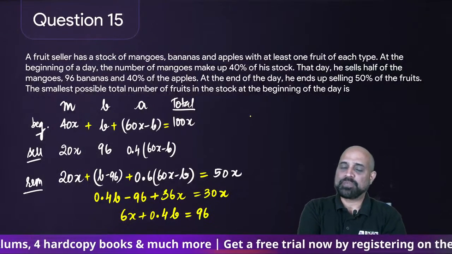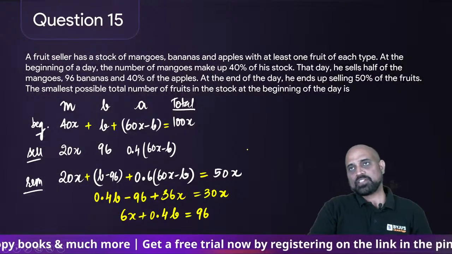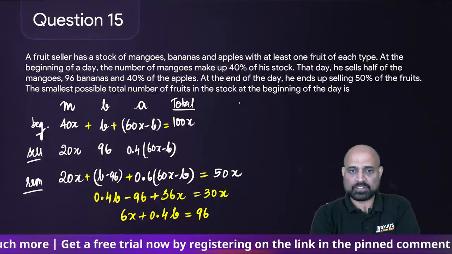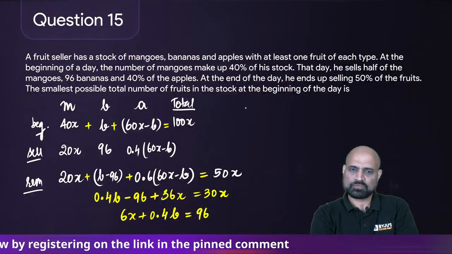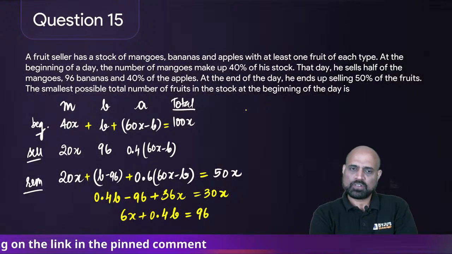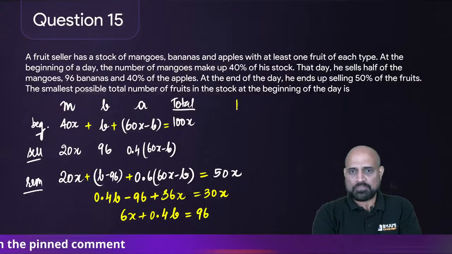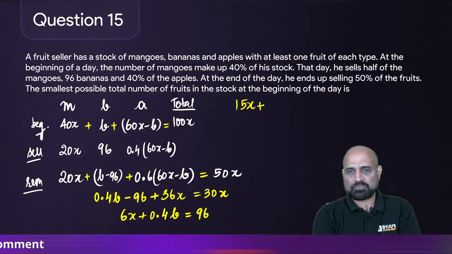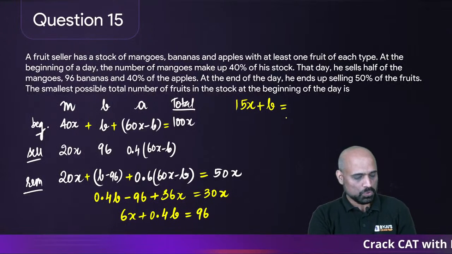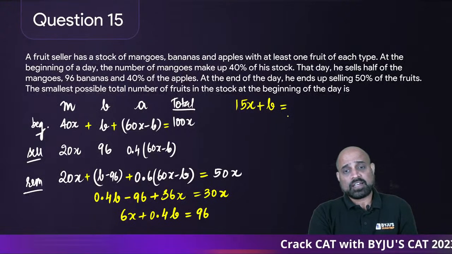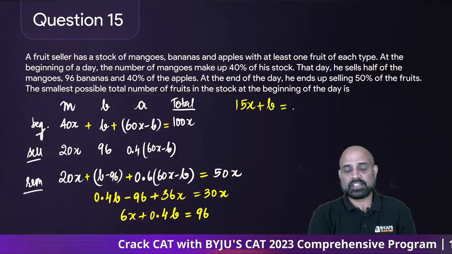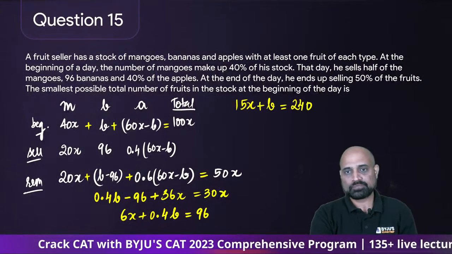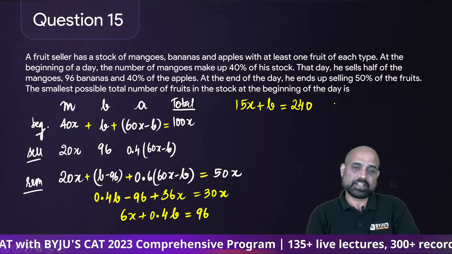This can be simplified as, if I multiply throughout by 2.5, I will be getting 15x plus b is equal to 96 ka 2.5 times, 240. So this is what we get.